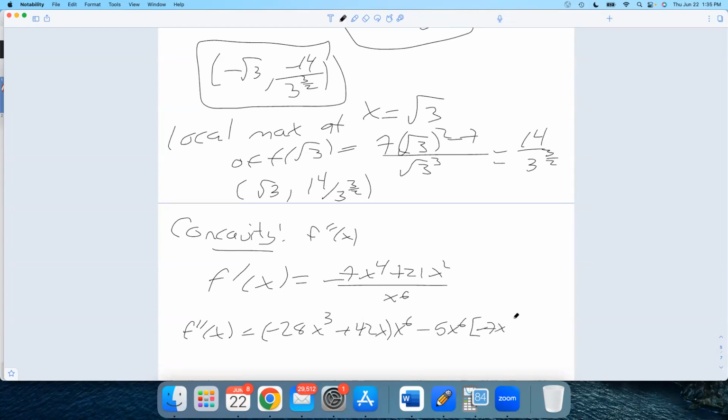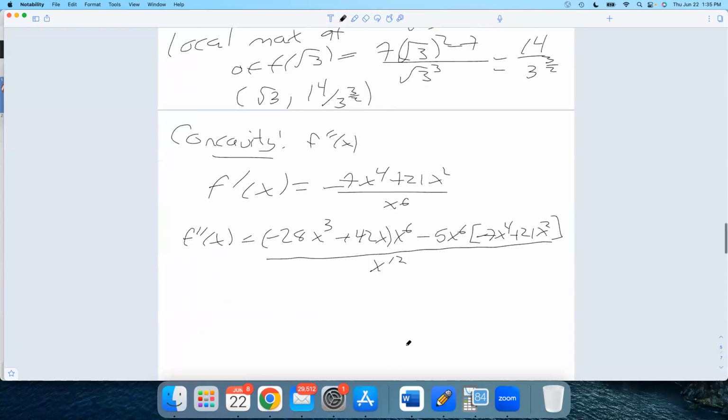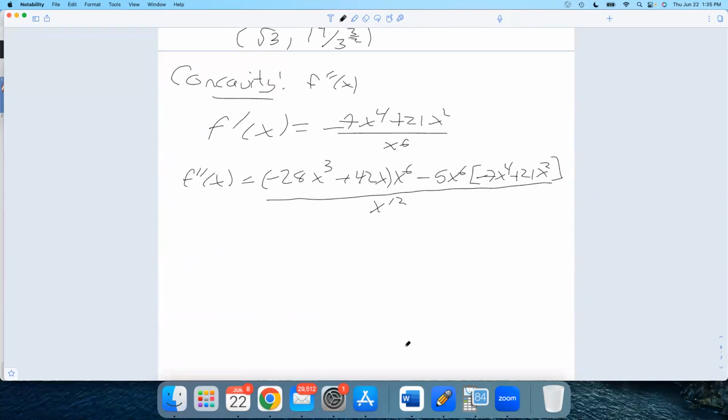Negative 7x to the 4th plus 21x squared, all over the bottom squared. That'll be x to the 12th. And we're going to have to do the algebra here. Now, maybe we could make this a little easier because I do have a common factor of x to the 6th there. So maybe I could factor that out first.